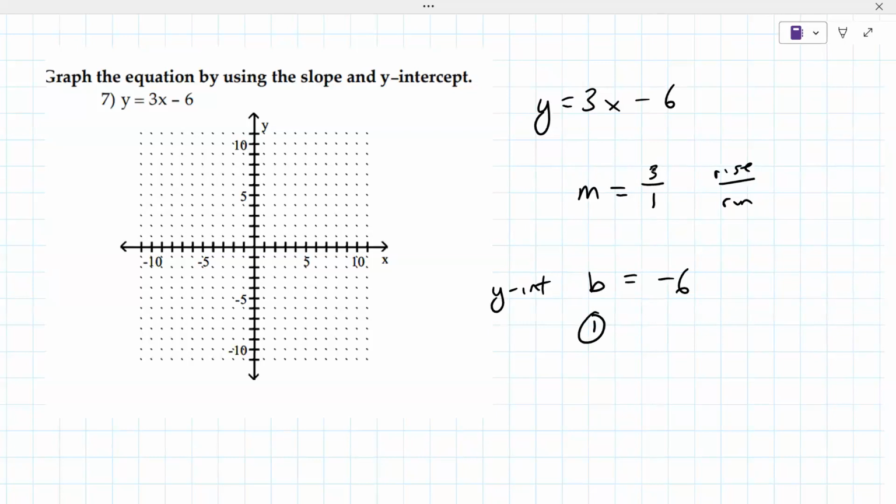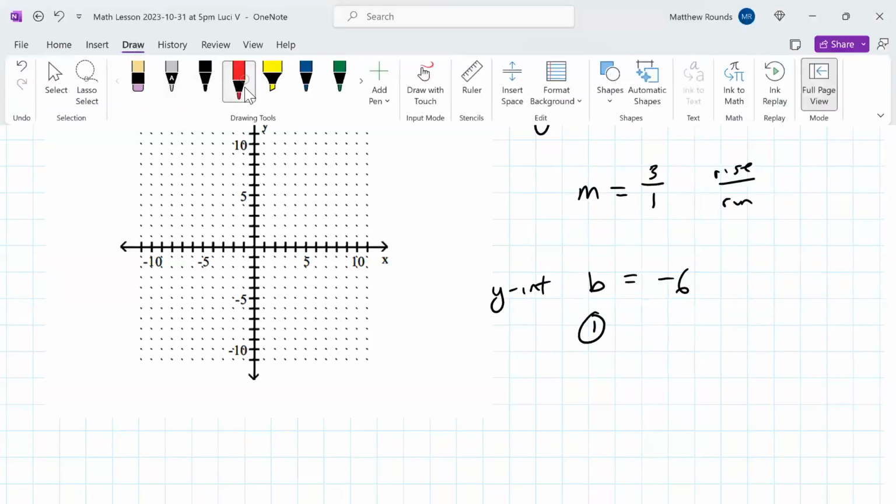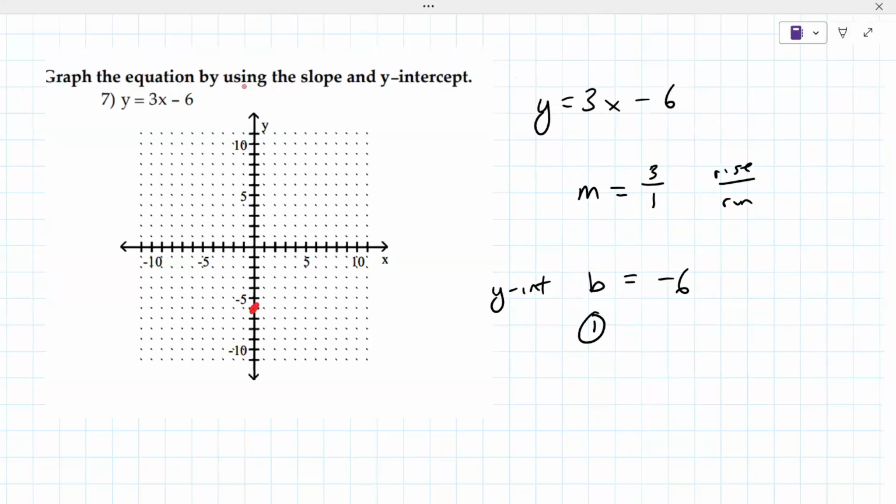So you start with the b value in your graph. You put a dot at -6. Then you use the slope. The slope tells you how much up and over you're going. So you're going up 3 from there, 1, 2, 3, and then over 1, up 3 and over 1.